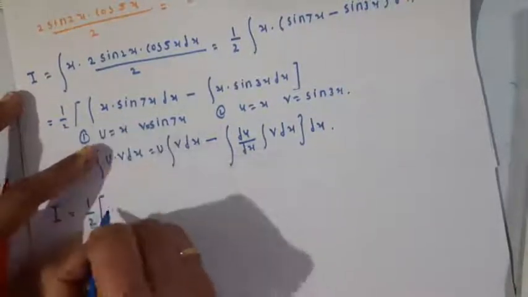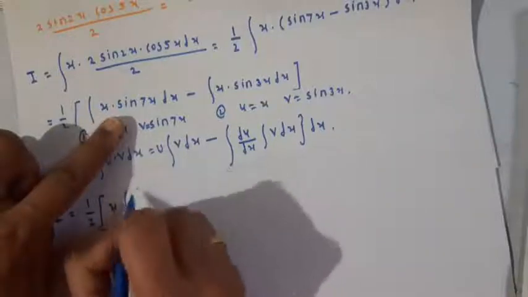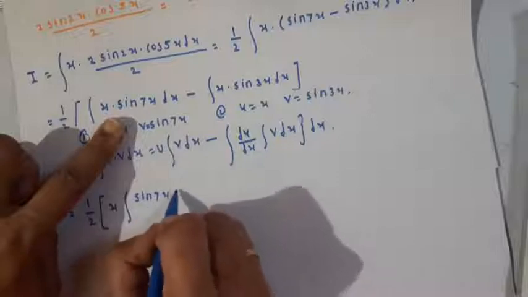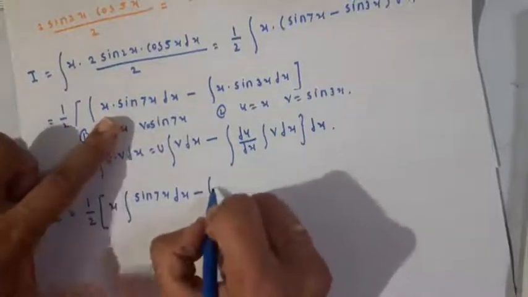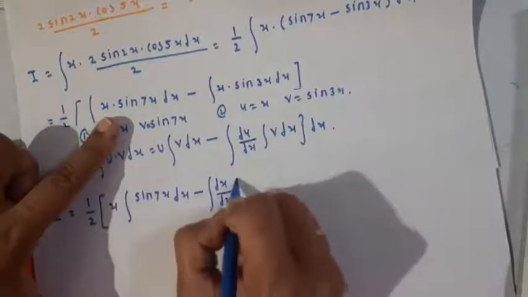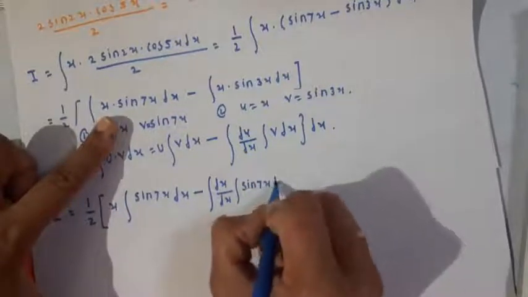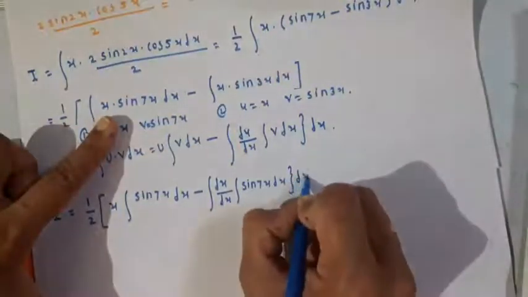Here u in first, for this term, that is x outside the integration of v, that is integration of sine of 7x with respect to x, minus integration of differentiation of x with respect to x into integration of sine of 7x with respect to x, and whole integration with respect to x.